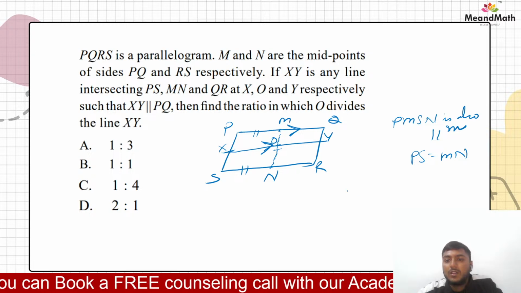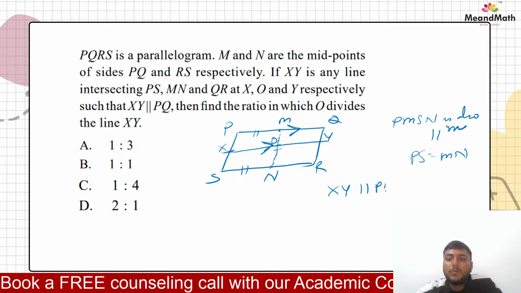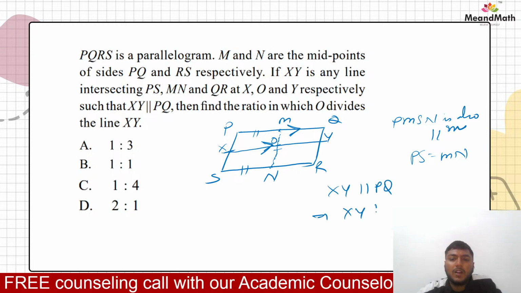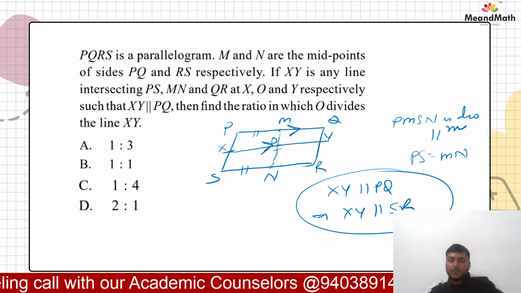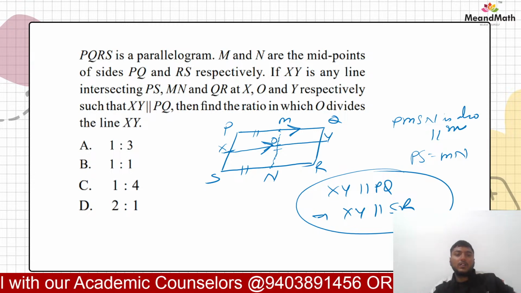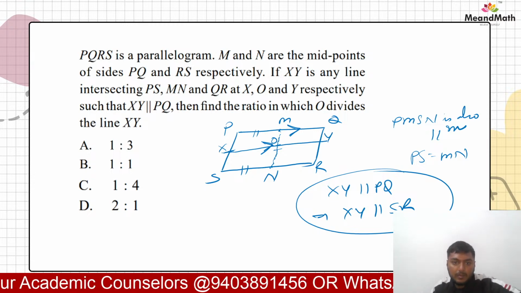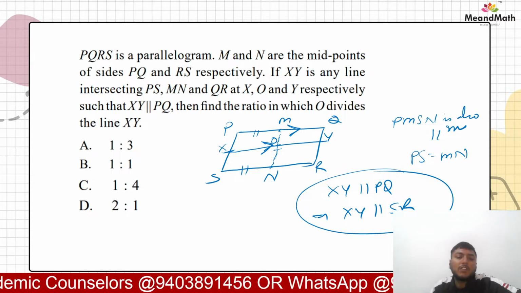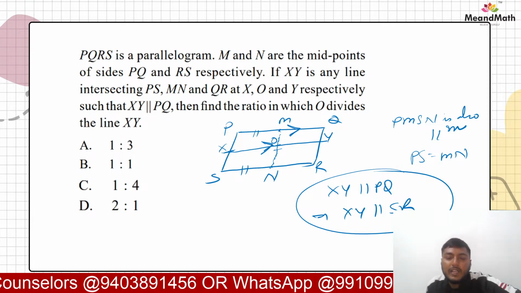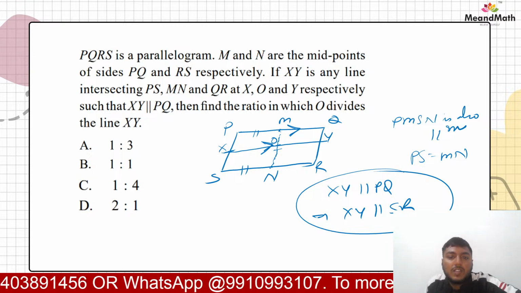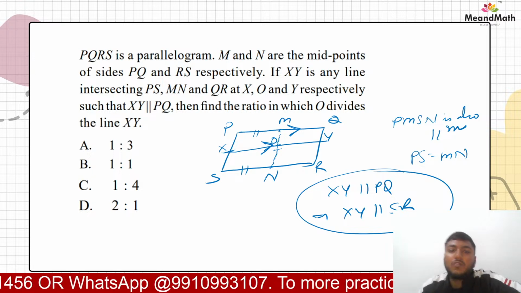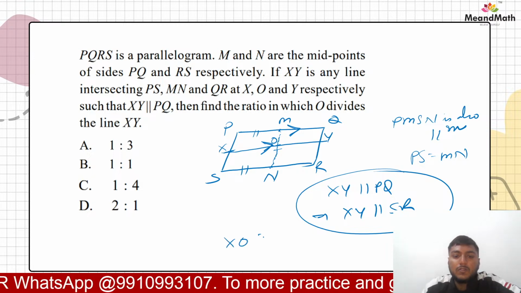PQ के. बेटा if XY is parallel to PQ then this means it will be definitely parallel to SR also. ठीक है, चलो, है ना? Parallel है तो मतलब this would be equidistant to PQ and SN. Yes or no? So if this is equidistant, we can simply say that XO would be equal to what?